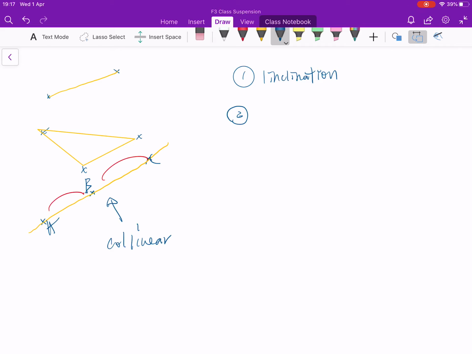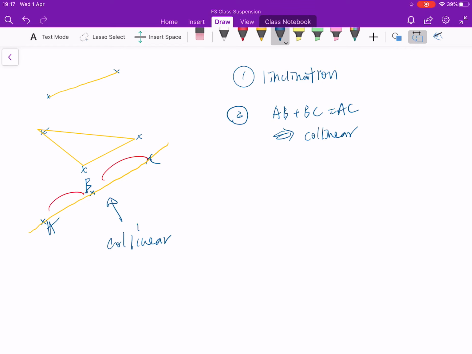Or in a second way, we can use AB plus BC equals AC actually, because you learned about it. B is the middle one, then the first section AB plus the second section BC, if the total length equals the whole part AC, then they are collinear.